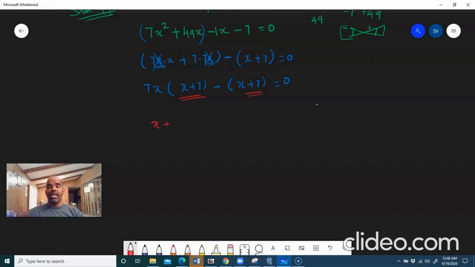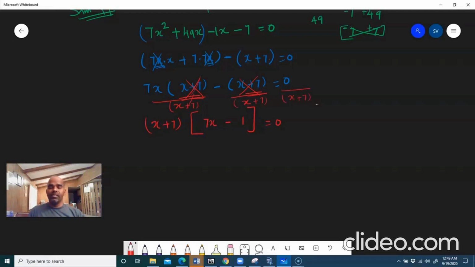So this will be x plus 7 times, what is remaining here? So x plus 7 is outside now, remaining is 7x minus 1 equal to 0. So I believe you know what I meant with taking out. We are actually dividing each term by x plus 7. That's the real process, even though I'm saying take it out.